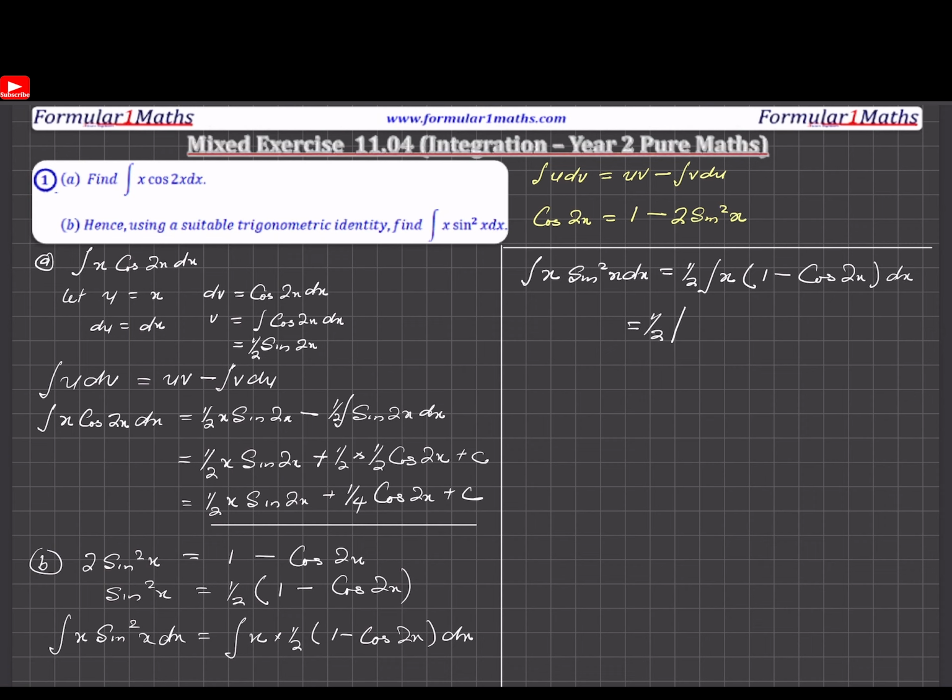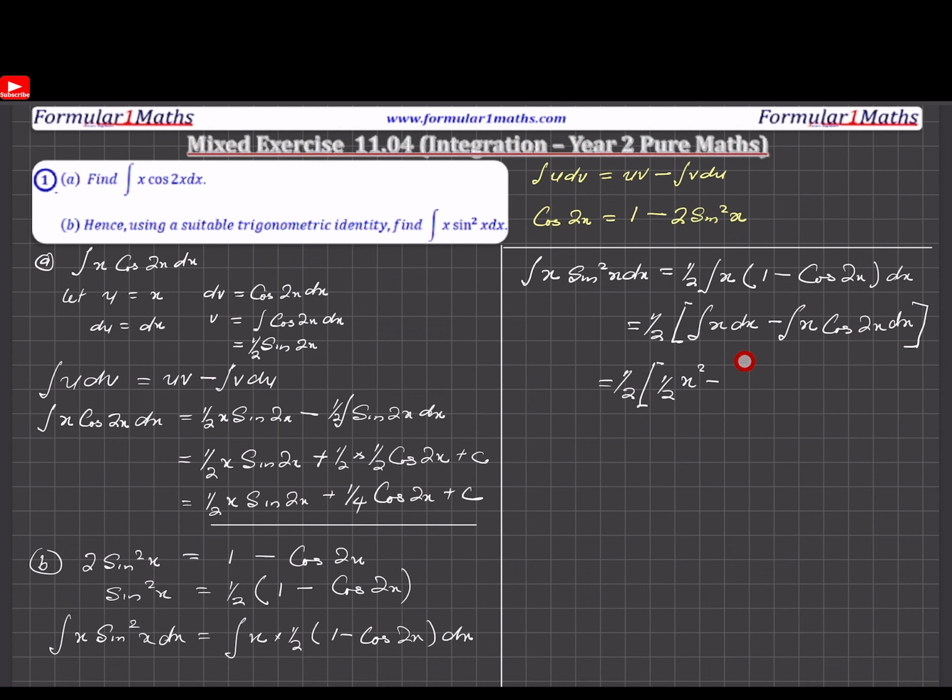Half the integral of x dx minus the integral of x cos 2x dx. I can now proceed to integrate. I'll still leave the half outside, and if I integrate x, I'm going to get half x squared minus.